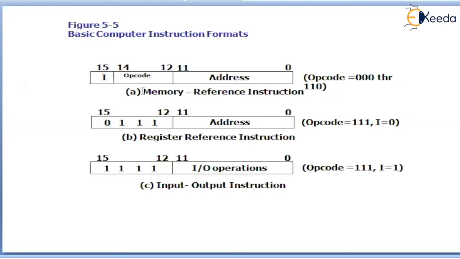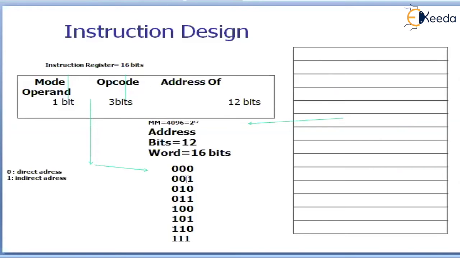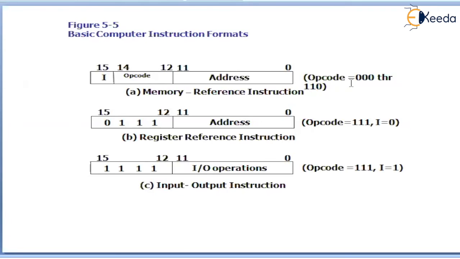Now, to design the memory reference instructions, I am using 000 to 110. That is, I can design a total of 1, 2, 3, 4, 5, 6, 7 memory reference instructions.